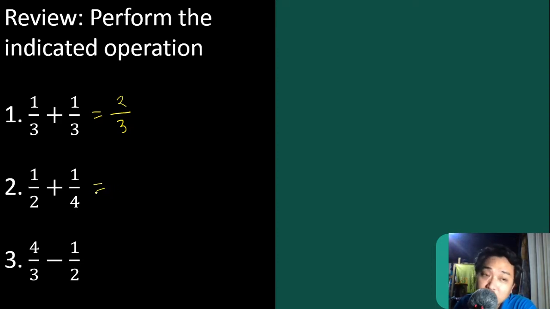Okay. Usually, we get the LCD. Ano po? LCD. So, paano ginagawa yung LCD? What are the prime factors of 4? The prime factors of 4 is 2 times 2, and since 2 is already a prime number, so no need to get any prime factors except 1 na lang, ha? Disregard 1.